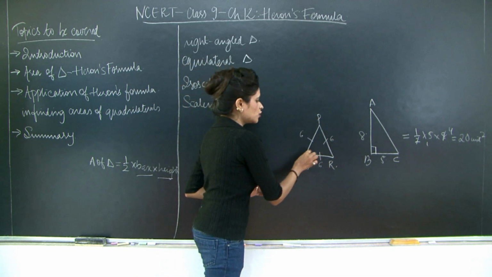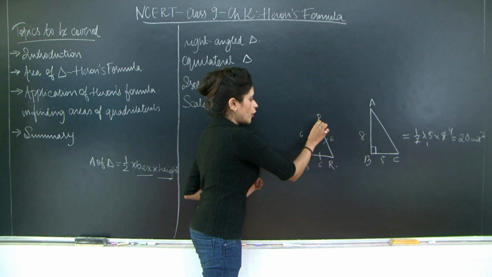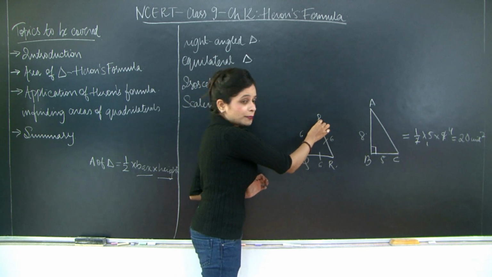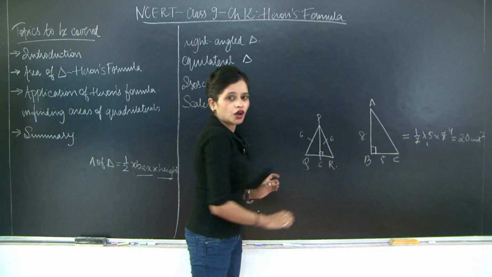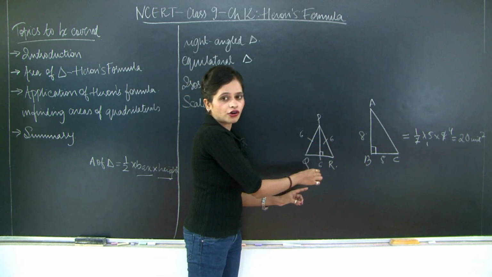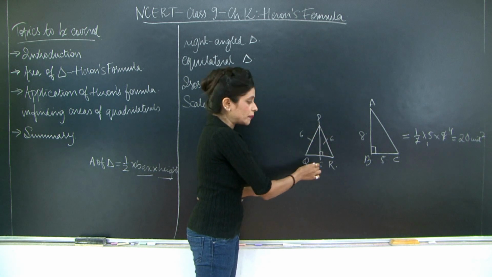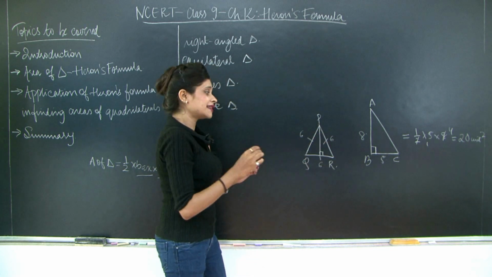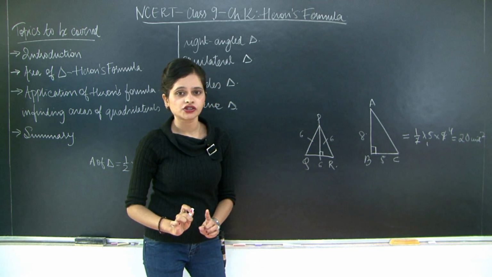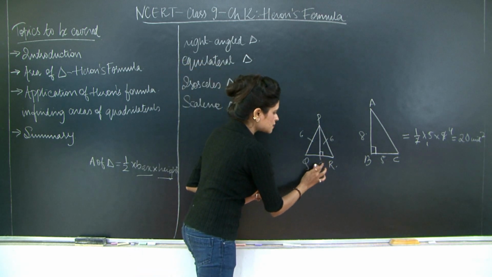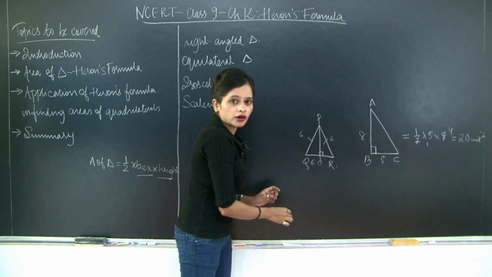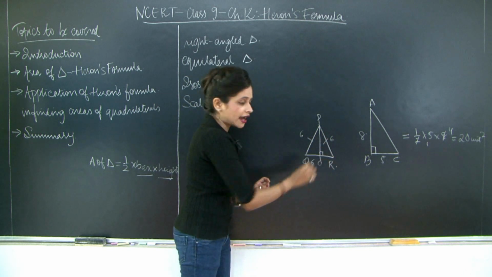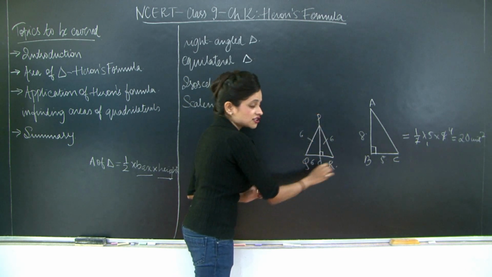If I take QR as the base and point P as the vertex and I draw a perpendicular over here, what do you know about the perpendicular drawn from one vertex to the opposite side in an equilateral triangle? That it is also the median of the triangle, which means this point here, suppose this is 6 centimeters out, this point O. So PO is perpendicular to QR and PO is also the median of this triangle.